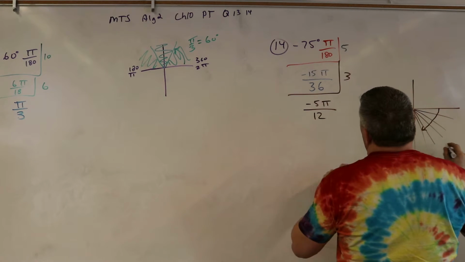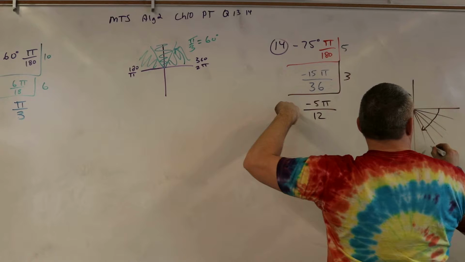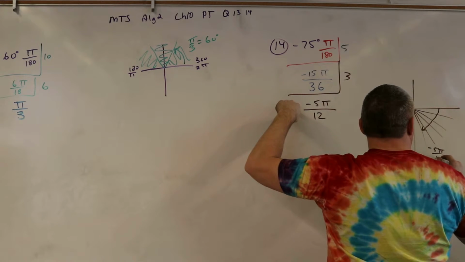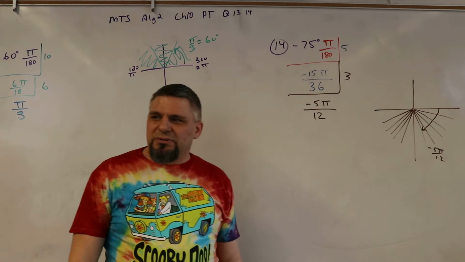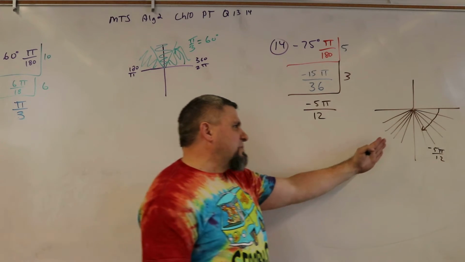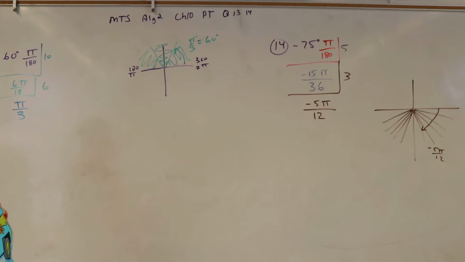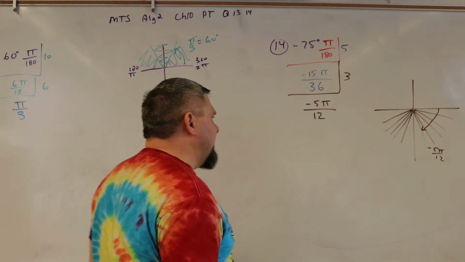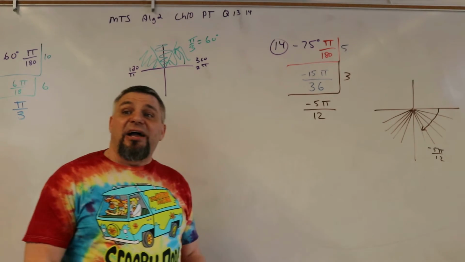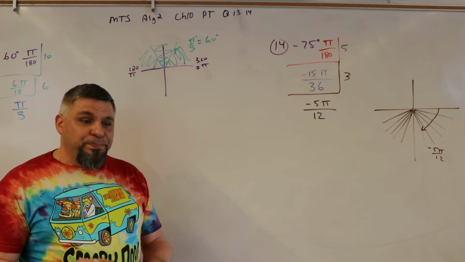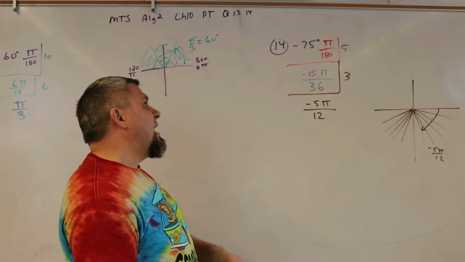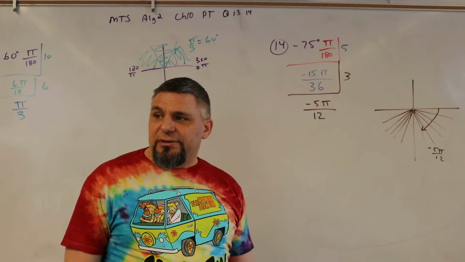And that would be your negative 5 pi over 12. Does that make sense, kind of? I know those don't look perfect because I'm not a great drawer, but we got the idea. Does that make sense? Okay? And that is negative 5 pi over 12, which is the same as negative 75 degrees.